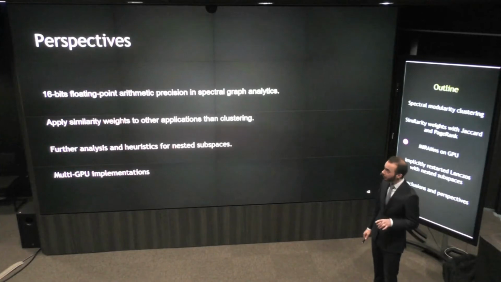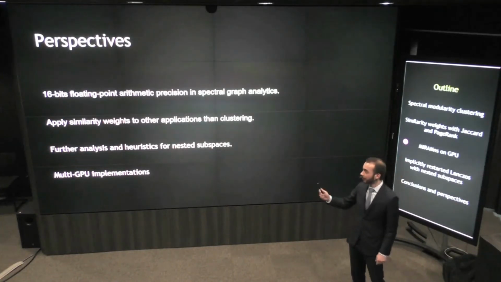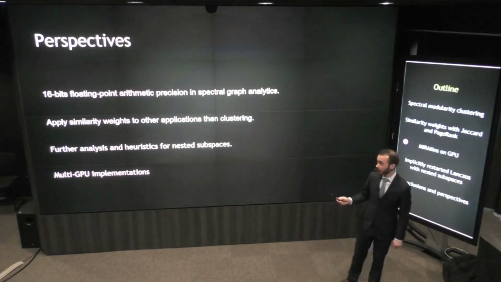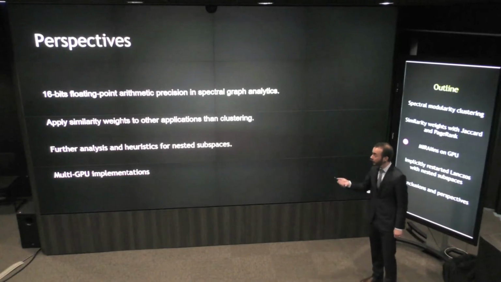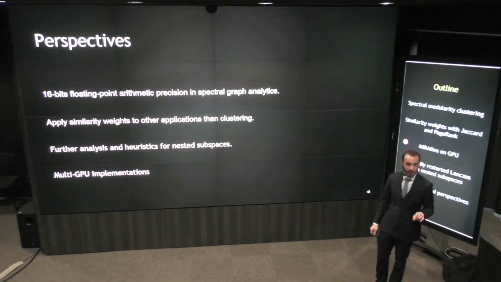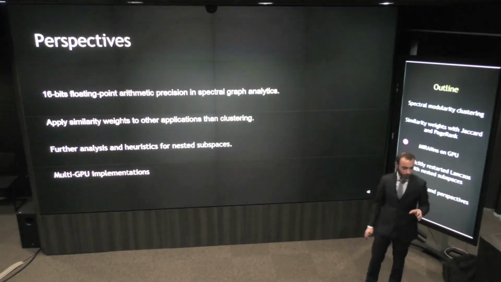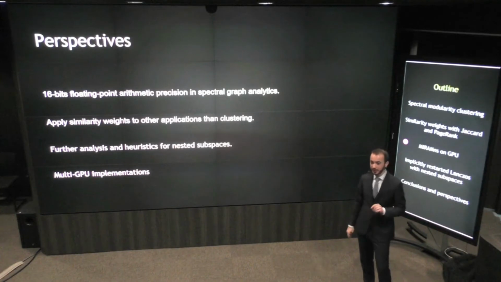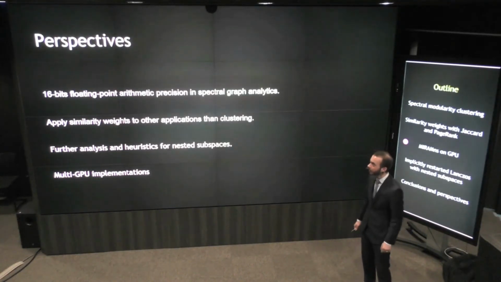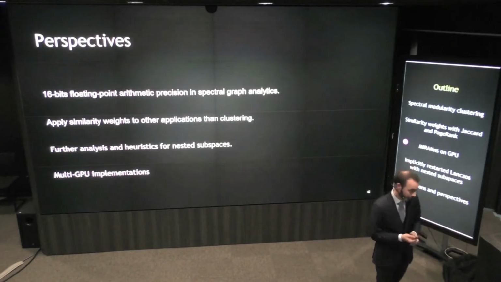The second reason is that GPU architecture is evolving toward having great performance in 16 bits and special circuits for that. So I'm very curious about the result that it could be for graph analytics, because it could have two benefits. The first one would be to make larger graphs fit into the memory of one GPU, because it would require less memory, and we would also use less bandwidth, so we would expect it to be faster.